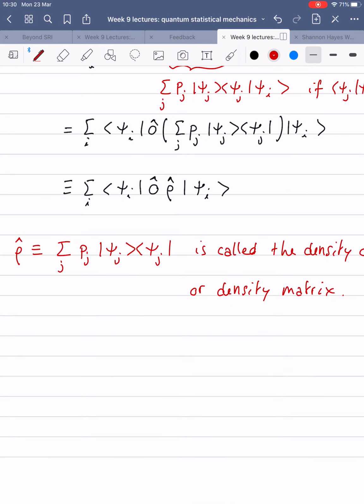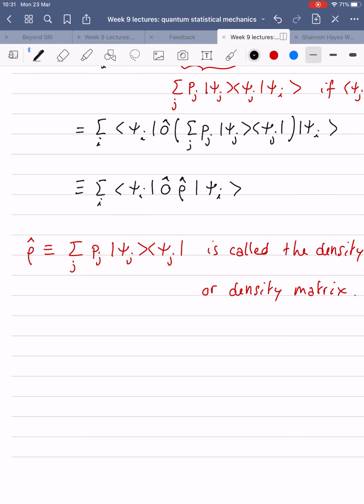Now what we have in the end is that therefore the average, so let's put this again, this is a very important definition.